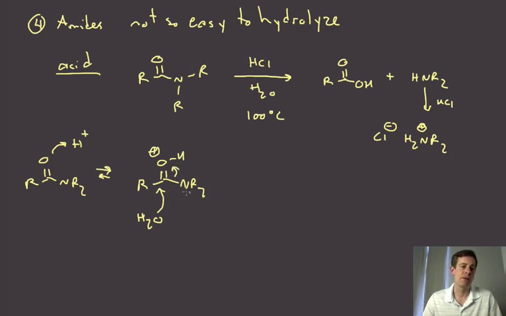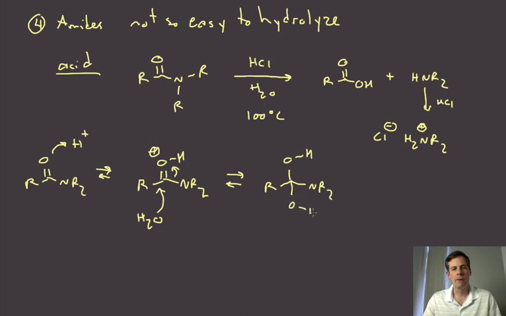And now, as we talked about, this is not so electrophilic because the amide nitrogen is really dumping in electron density here. So it does get activated by being protonated, but it's still not so electrophilic, and water isn't a very good nucleophile. So this is the problem step. The problem is getting the water in there in the first place. Once you do that, though, you get to your tetrahedral intermediate.